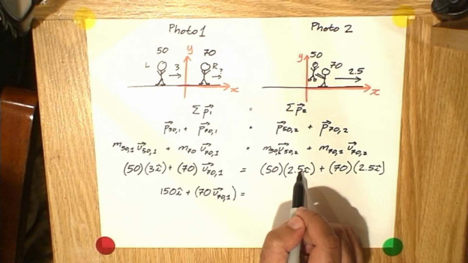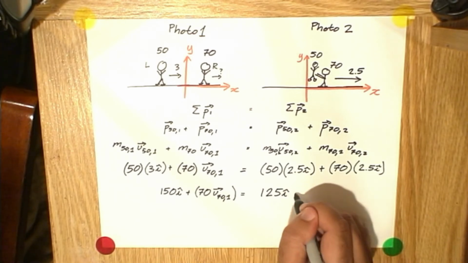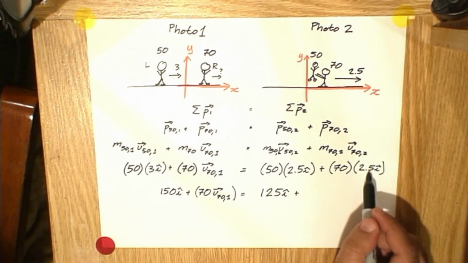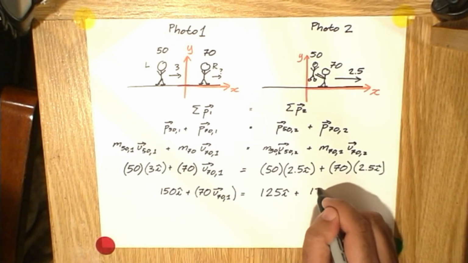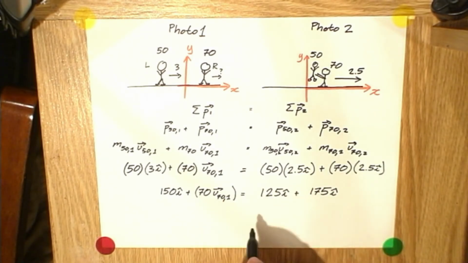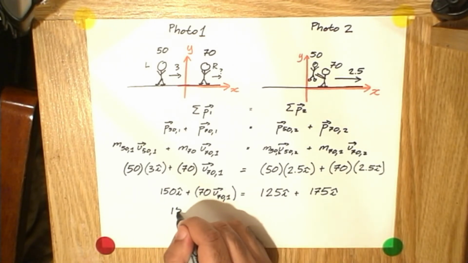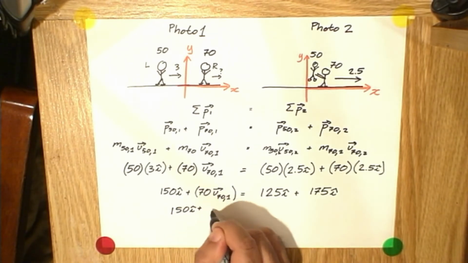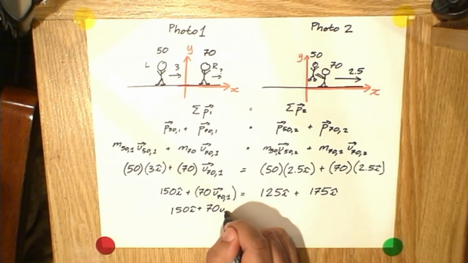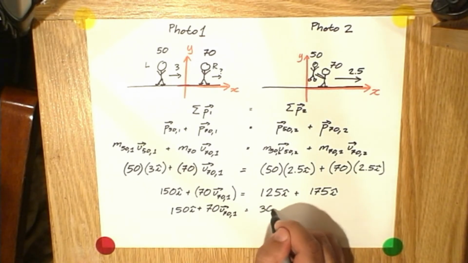That's going to give us 125 i hat, plus 70 times 2.5 i hat is going to give us 175 i hat. Simplify still further. 150 i hat plus 70 times v70 is equal to 125 plus 175, which is equal to 300 i hat.